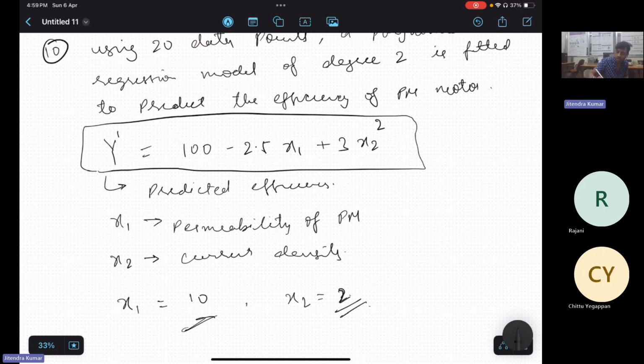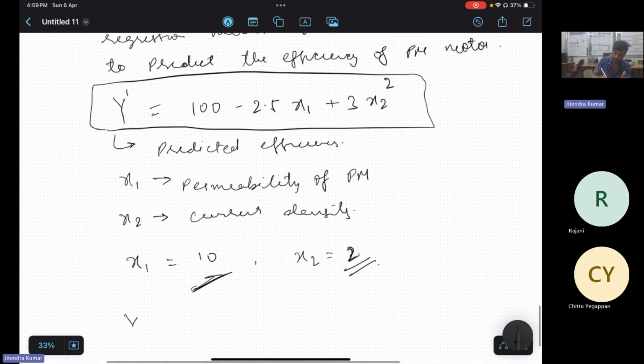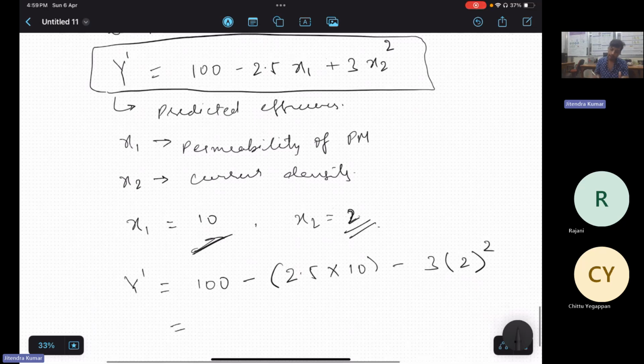So 10 did not feel like a correct option, but still, if you face such a problem, you can calculate the efficiency of the machine like 100 minus 2.5 into 10 minus 3 into 2 square. So how much efficiency are we losing?